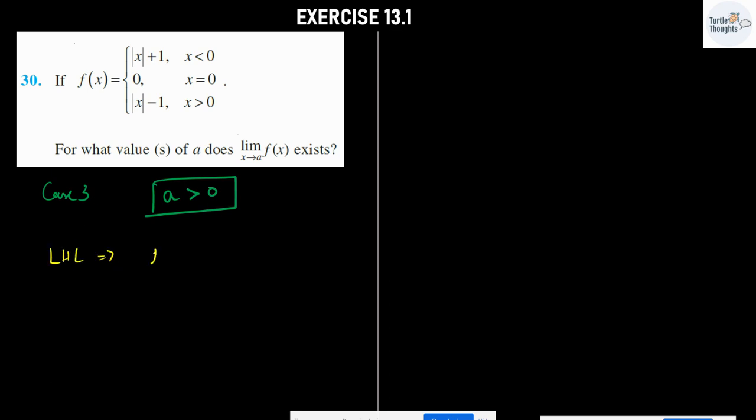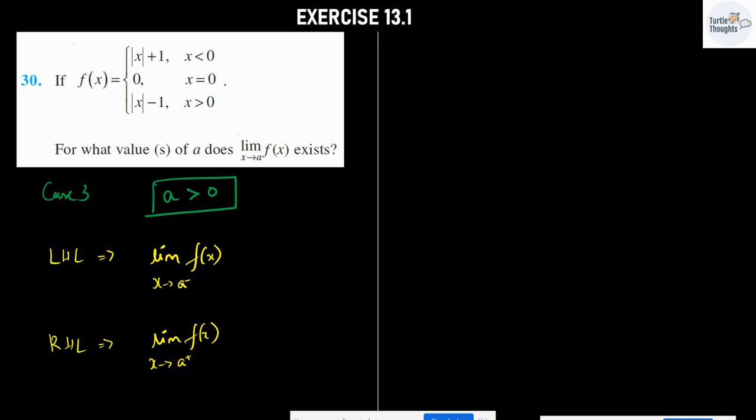LHL is given as limit of f of x as x tends to a minus, and let me write the RHL as limit of the function f of x as x tends to a positive.